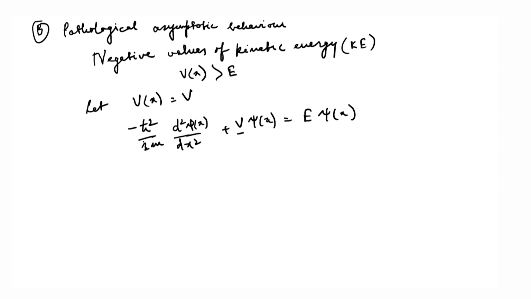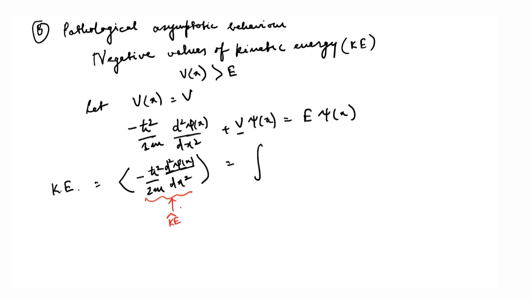This is my Schrodinger equation, and if I want to compute the kinetic energy, we need to compute the expectation value of the kinetic energy operator, which is minus h bar squared by 2m d2/dx2. So we need to evaluate this term and integrate it over x, because it is a one dimensional case.